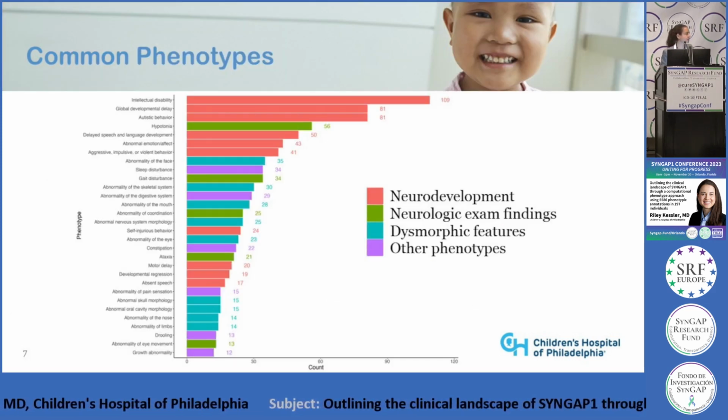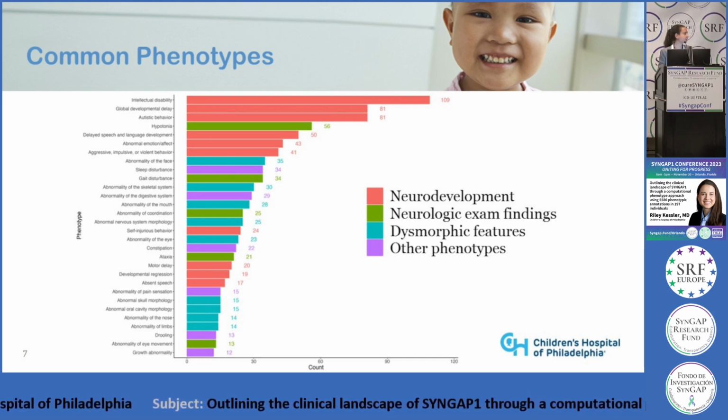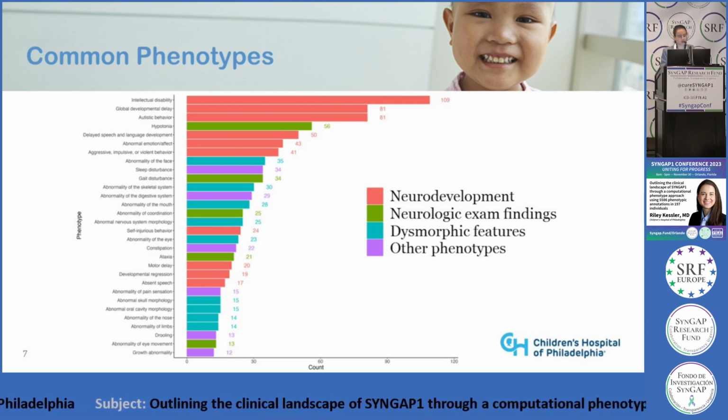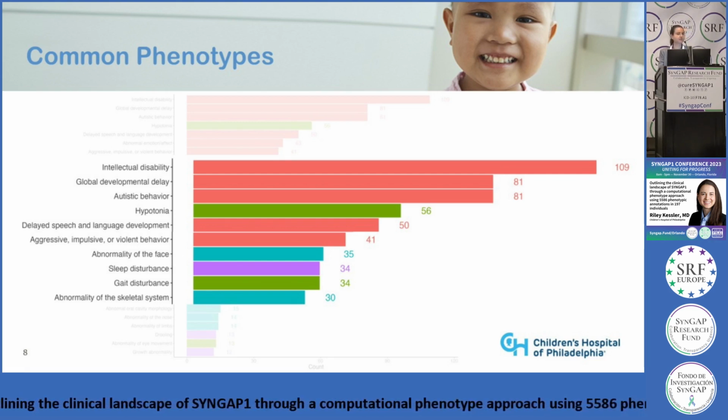One of the simplest things we can do with this type of analysis is look at what are the most commonly reported phenotypes across the cohort. I'm just going to zoom in on the top 10 here to make this a little easier to digest. And so here we see things that we very much expect, things like intellectual disability, developmental delay, and autism. We also see features that are more unique to SYNGAP1, things like behavioral issues, aggressive or impulsive behavior, and sleep disturbance.